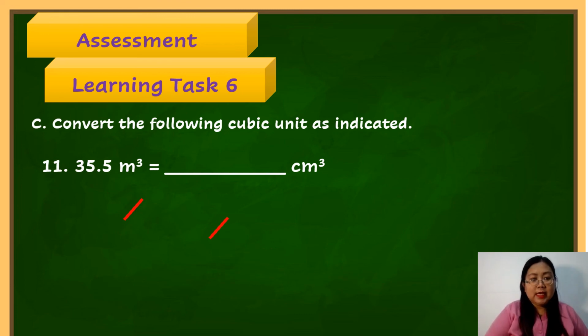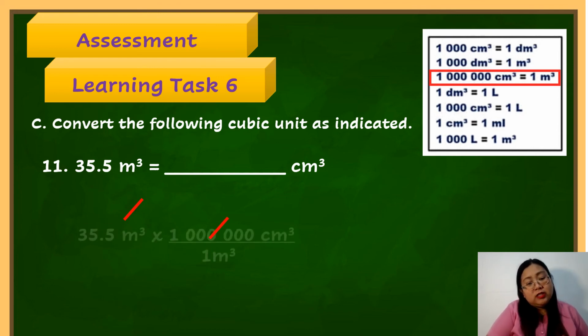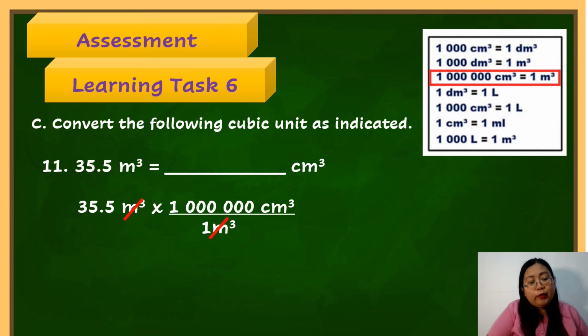Learning task number 6. Convert the following cubic unit as indicated. Number 11. 35.5 cubic meter is equals to how many cubic centimeter? Let us see. Okay, look at the conversion. There is 1 million cubic centimeters is equals to 1 cubic meter. Okay, 35.5 cubic meter times 1 million cubic centimeter divided by 1 cubic meter.